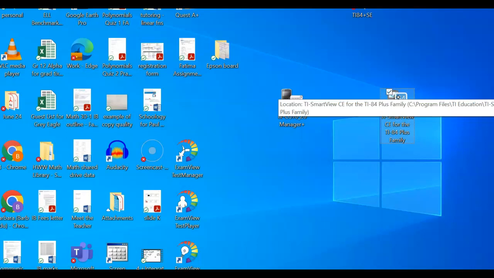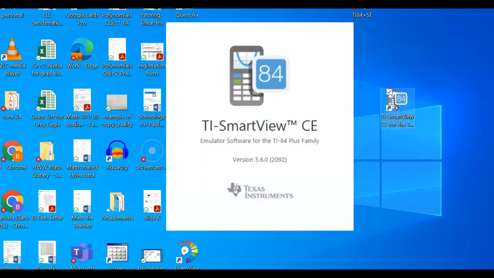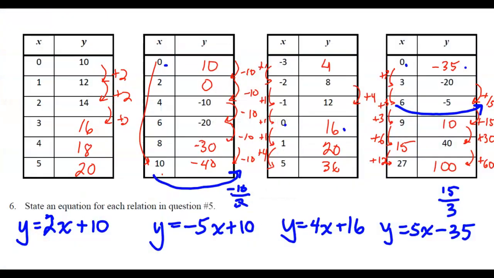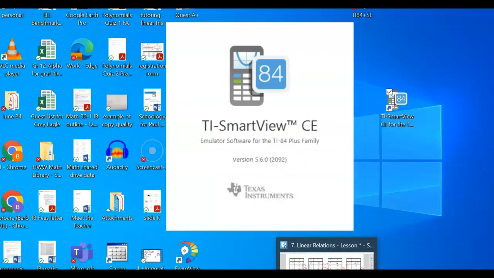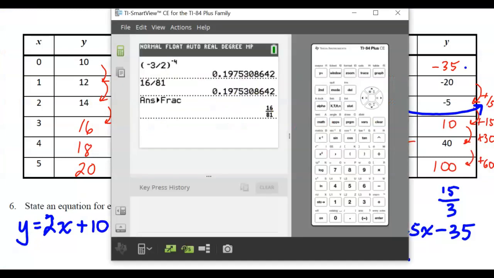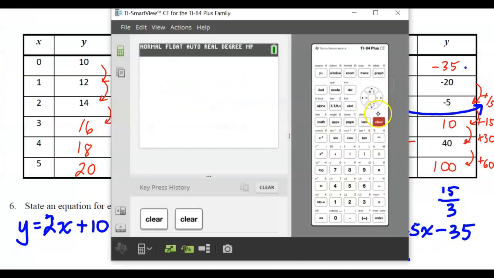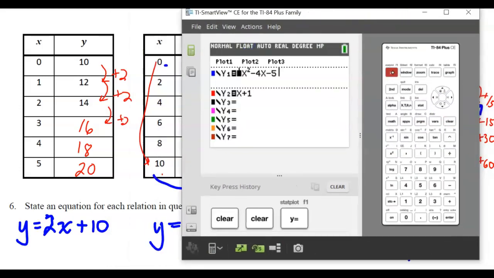So if you're going to do 10C, it's a good idea to get one now, so you can get used to it. Okay, so you don't have to know how to do this yet. It's not really part of the curriculum. I'm just doing it for you.